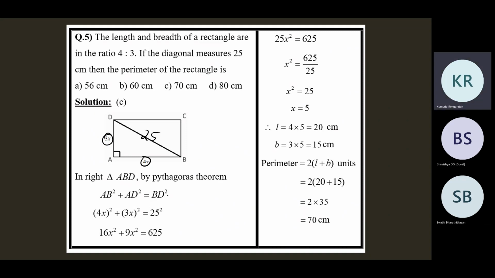So for triangle ABD, AB square plus AD square is equal to BD square. It's not 4x squared. It is 4x the whole square, 3x the whole square.